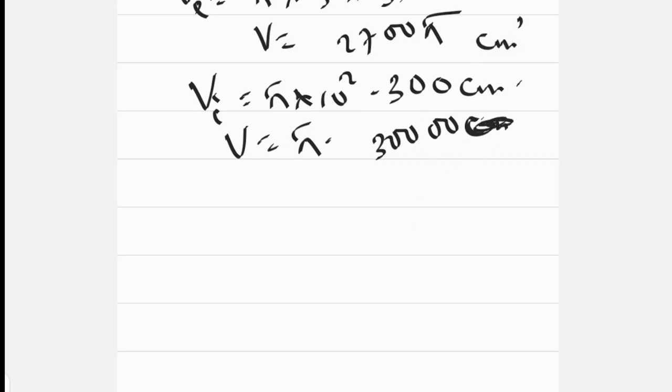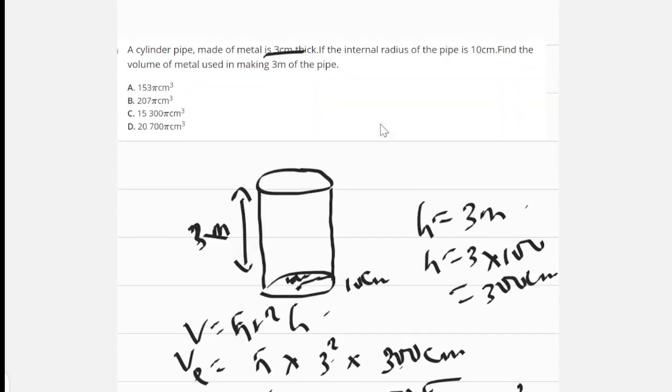Don't forget centimeter cube. Then your V is what? 30,000 pi centimeter cube.